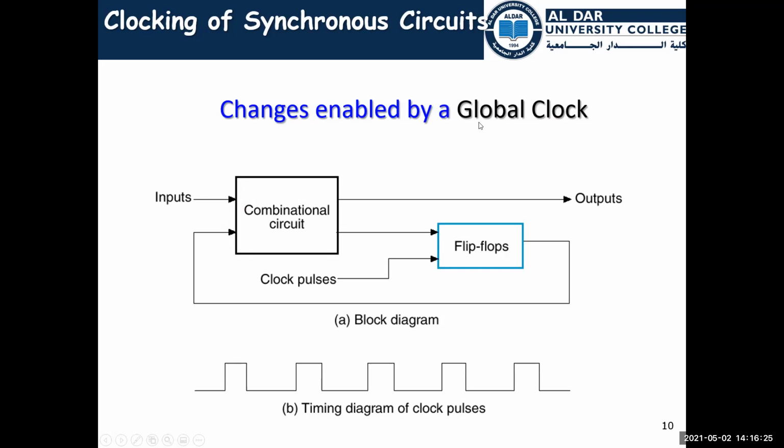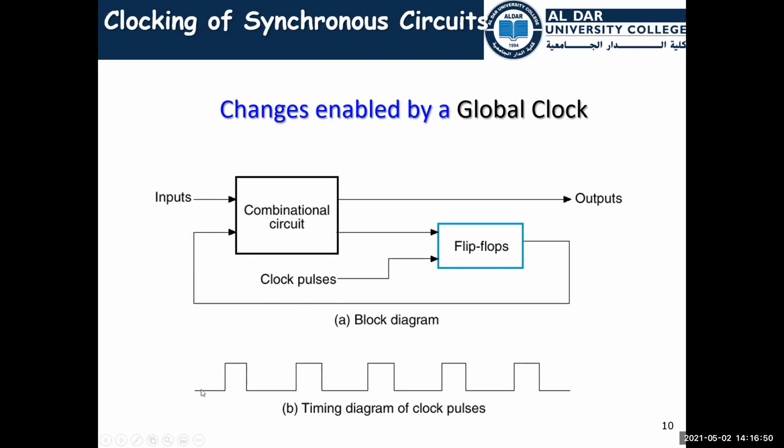So we have here the synchronous type. We have a global clock. This is the clock pulse. It feeds the flip-flops, and this is the clock that is fed to the clock pulse. At each edge, we can say positive or negative.